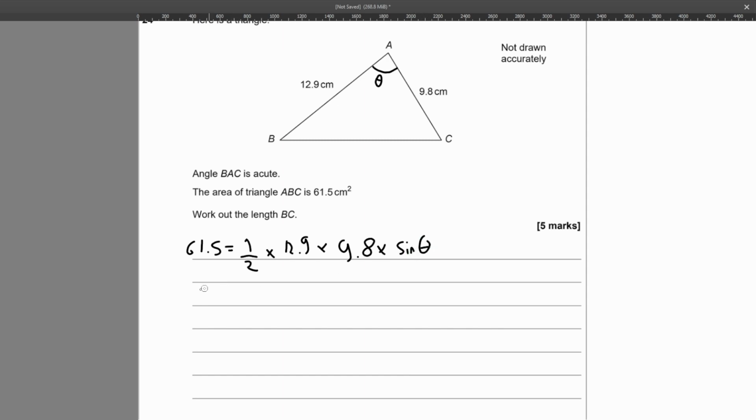Now solving for theta, we get that theta is going to equal the inverse sine of 61.5 multiplied by 2 divided by 12.9 multiplied by 9.8.